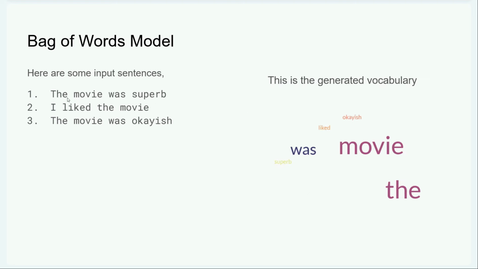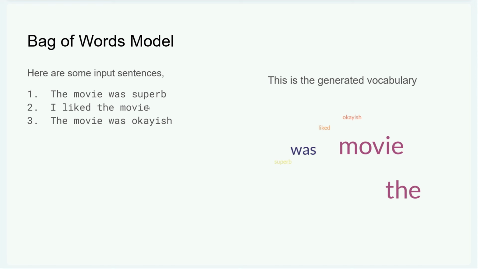If I read the first sentence, "the movie was superb," and I remove the words the and was, I am left with movie and superb. I am still getting a sense of what that sentence is trying to convey for the sentiment analysis task.